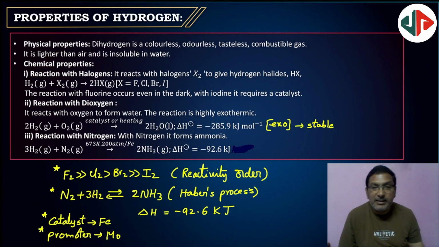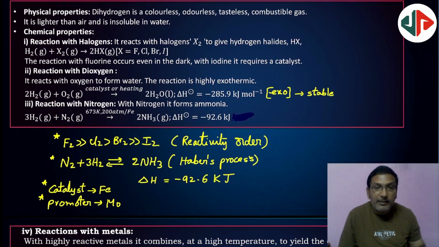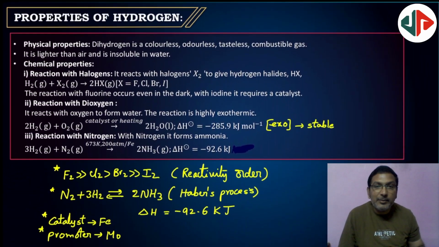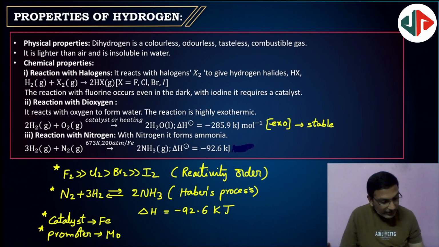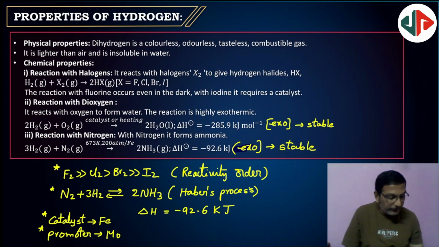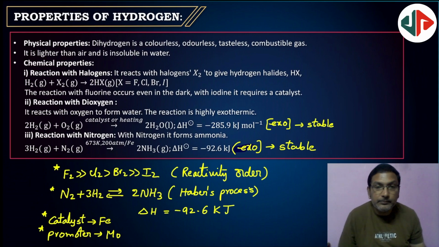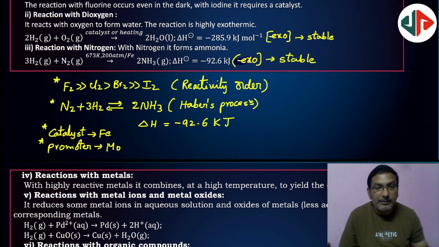Promoter means which increases the efficiency of the catalyst. Next, here ammonia is also an exothermic product, right? Exothermic product, that is also stable.